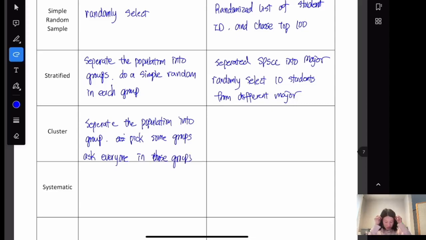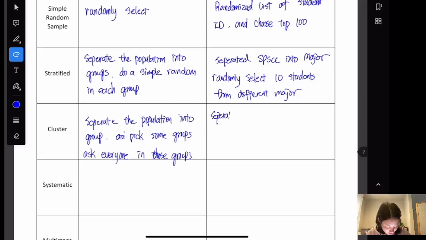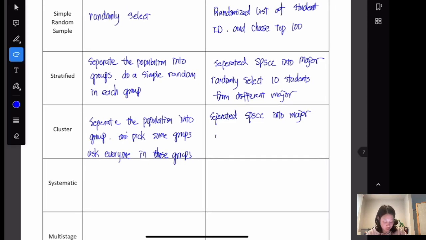For example, we separate SPSCC students by major, and then we're going to survey everyone who is in the nursing program and who's in the business major.